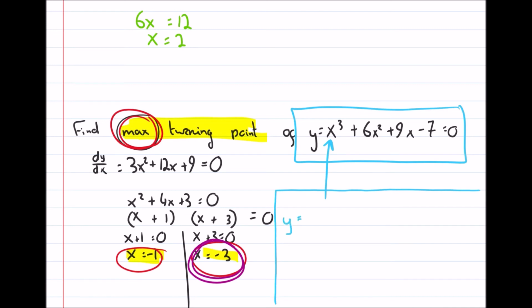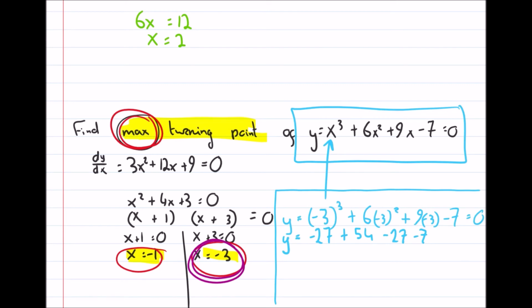So y equals minus 3 cubed plus 6 times minus 3 squared plus 9 times minus 3 minus 7. That will give us y equals minus 27 plus, well, we have 3 squared is 9 multiplied by 6, which is 54, minus 27 minus 7.